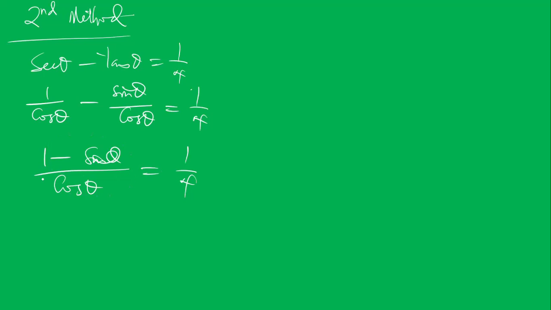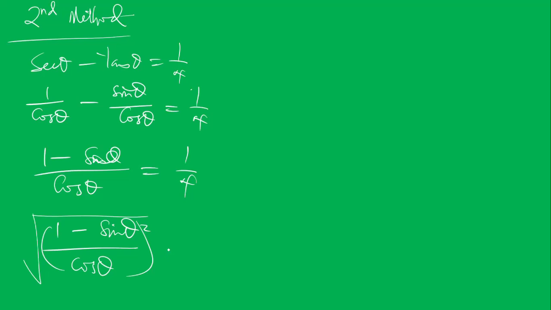Now the expression on the left hand side is the same as saying the square root of 1 minus sine theta all over cos theta all squared. This expression is just like saying you have 1 minus sine theta all divided by cos theta all raised to power 1.